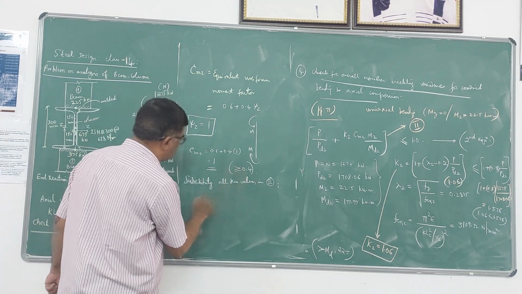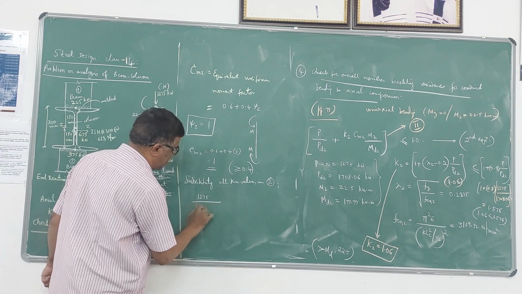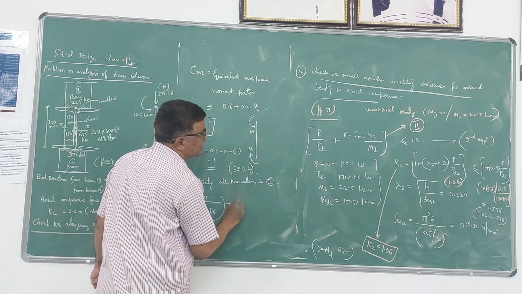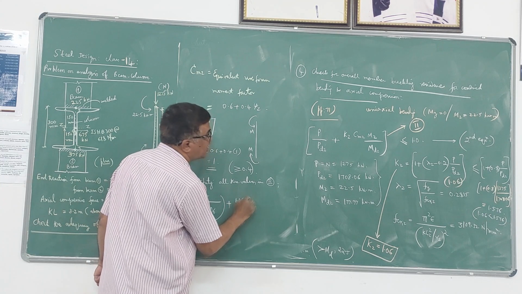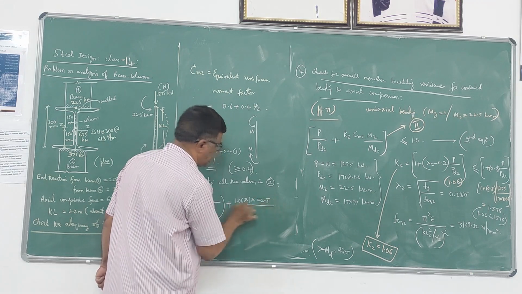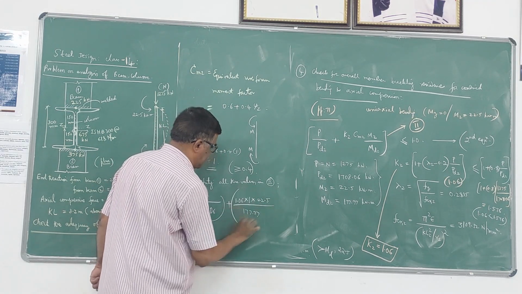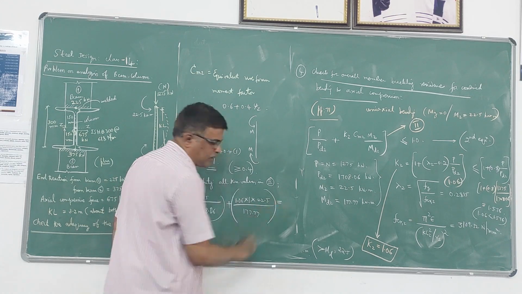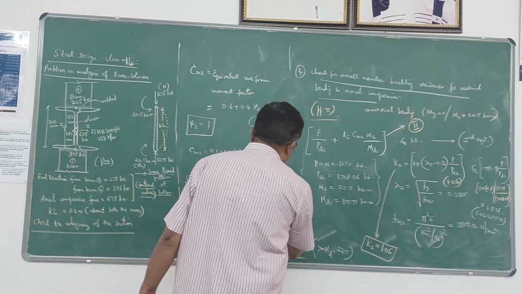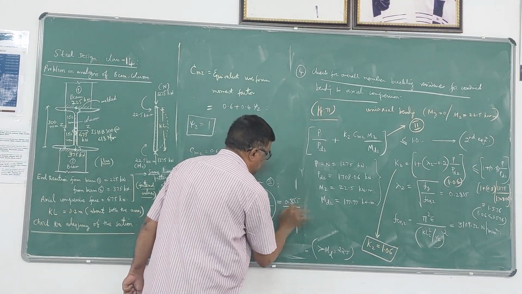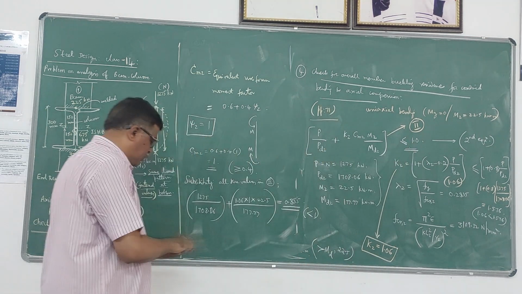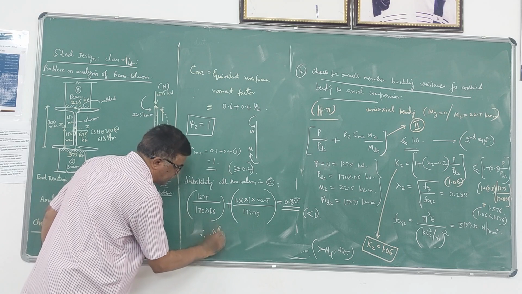P is 1275 divided by PDZ, 1708.106, plus Kz, which is 1.06, into CMZ, which is 1, into Mz, which is 22.5, divided by 177.77. If you add these two, you get the value as 0.855, which is definitely less than 1. It should be less than or equal to 1, so that condition is satisfied.